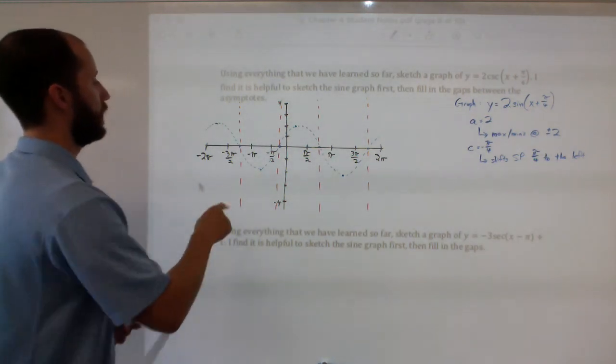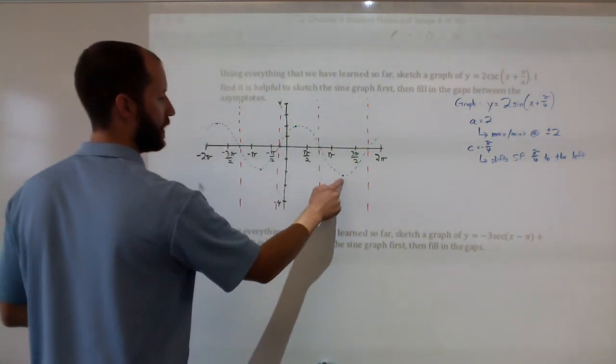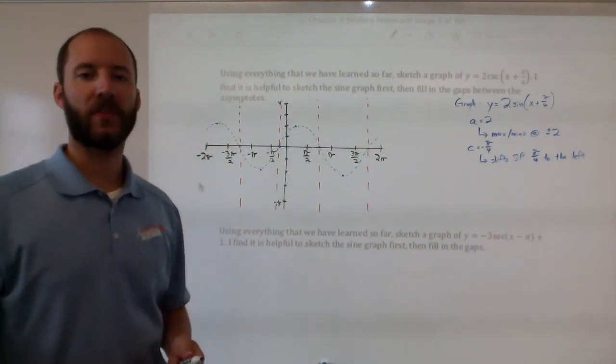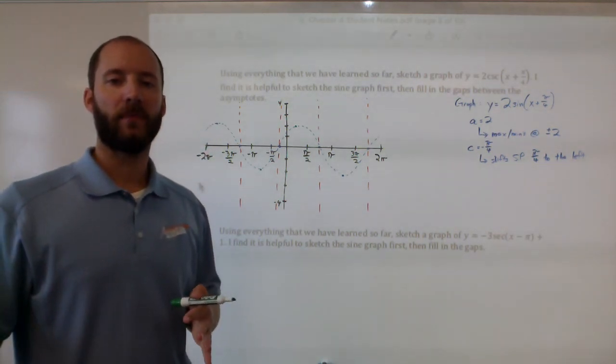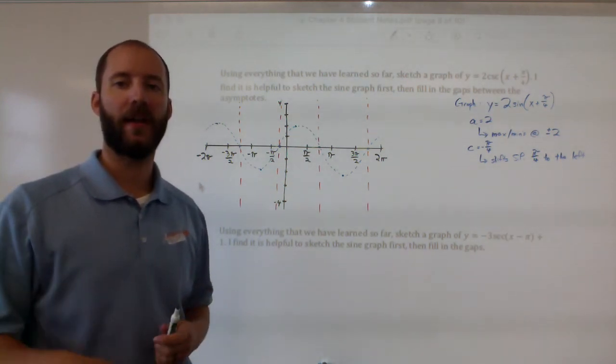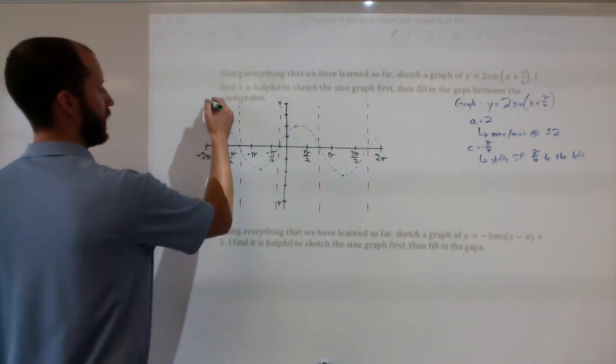Then, let's go ahead and look at my maximums and my minimums. The maximums and minimums are shared with the original and the reciprocal. So what that means, I go ahead and graph this.